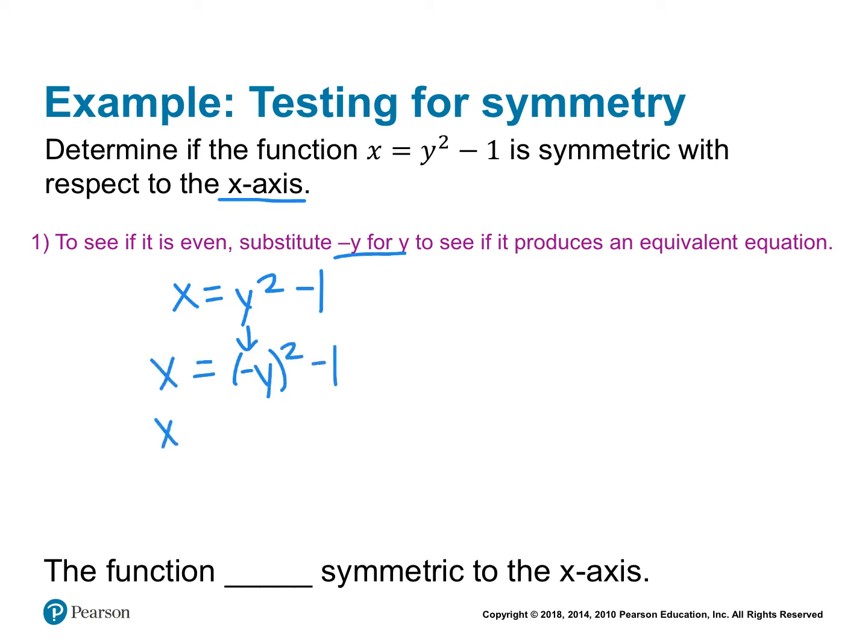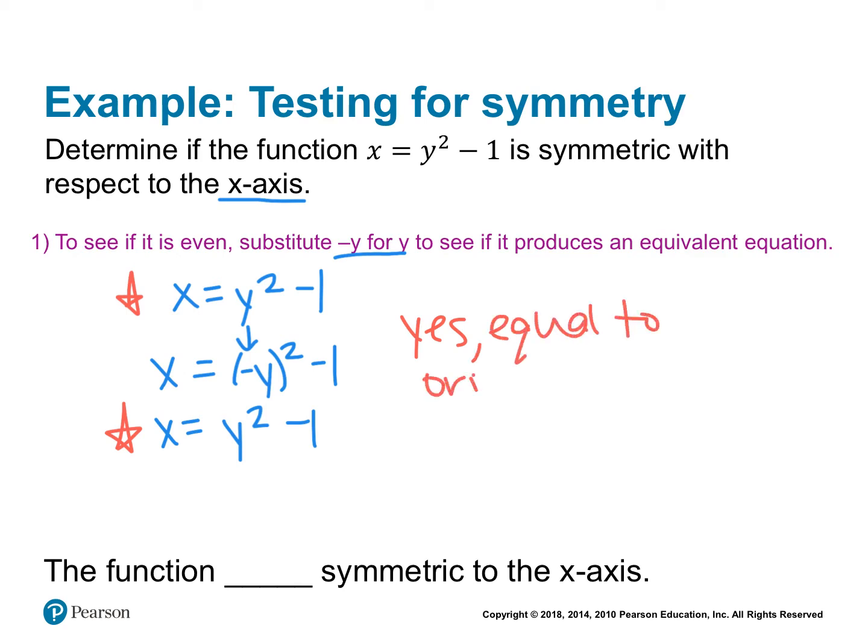So I'm going to get x equals negative y times itself is positive y squared minus 1. So does this match the original? Yes, it does. So yes, equal to original. So this one, the function is symmetric to the x-axis, which doesn't make it odd or even. It's just a fact that it's symmetric to the x-axis.